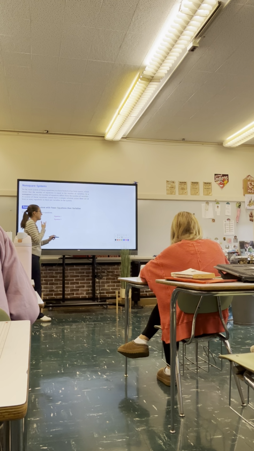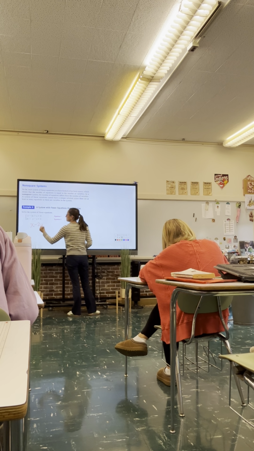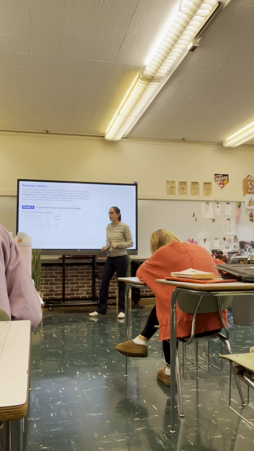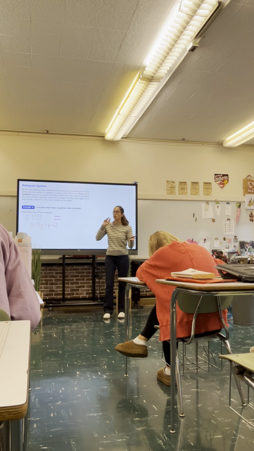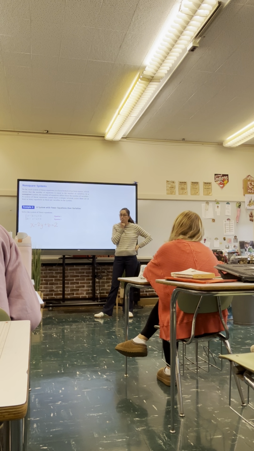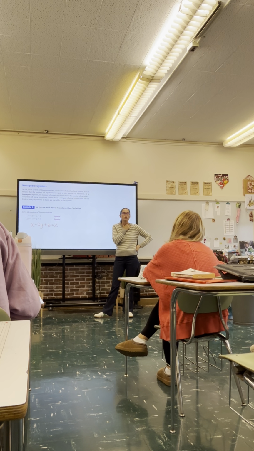My first row is just fine. My second row, I would like to get rid of the 2x. So what am I going to do to get rid of the 2x? Come on, guys. I only have two rows.